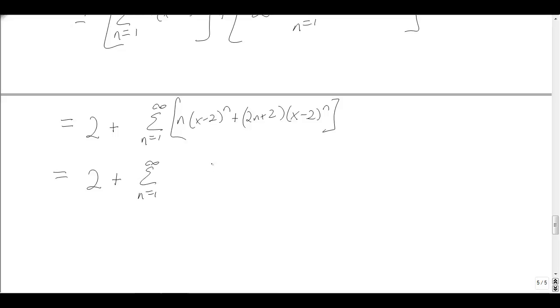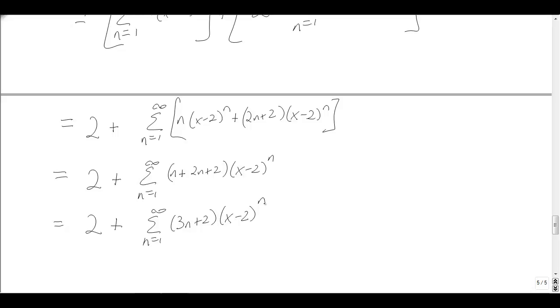I can factor out an x minus 2 to the n from both of the terms in here. So I get an n plus 2n plus 2 times x minus 2 to the n. So that gives me a 2 plus sum n equals 1 to infinity, n plus 2n plus 2, that's going to be a 3n plus 2 times x minus 2 to the n.